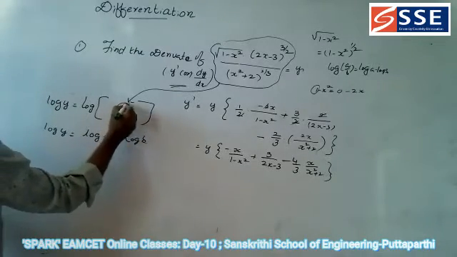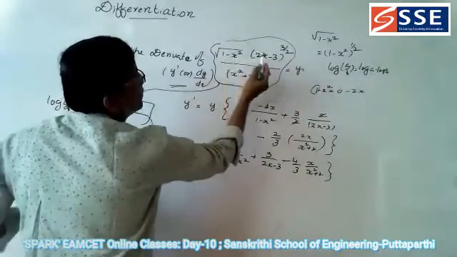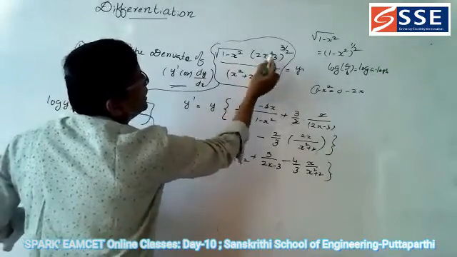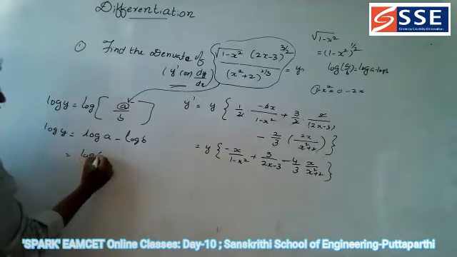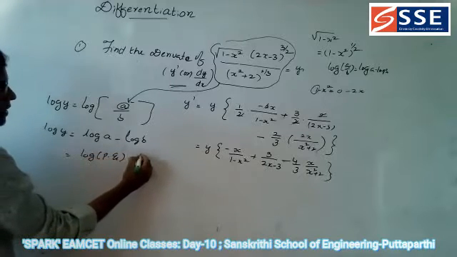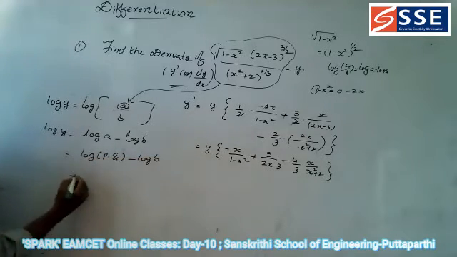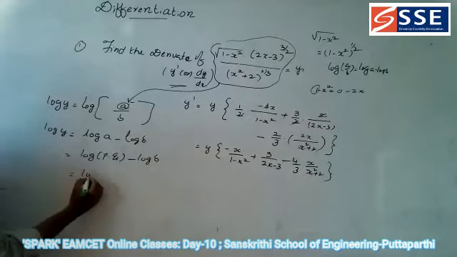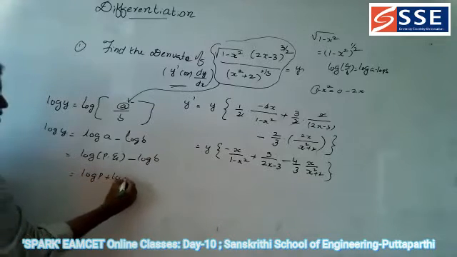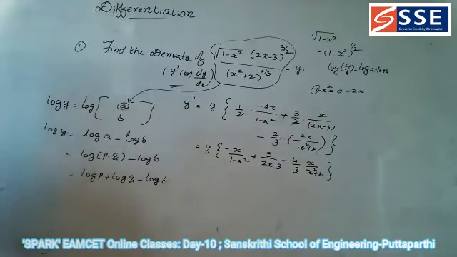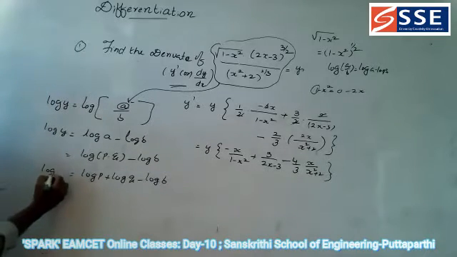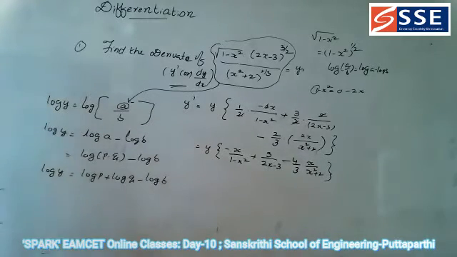Again, a is in two terms. Here you see p and q. Let us consider a as p into q, minus log b. Log AB, what is the formula? Log A plus log B, minus log B. So this is the actual expression. Then you can go for the differentiation.